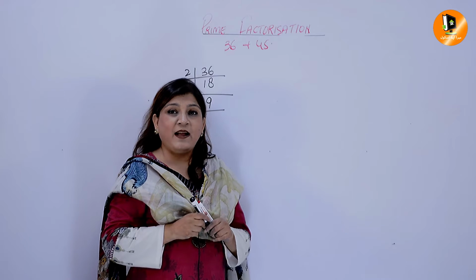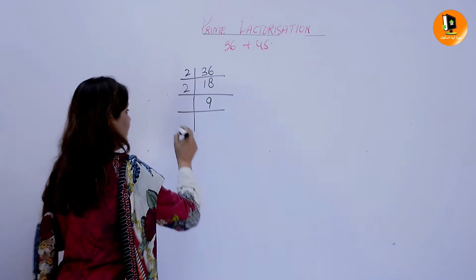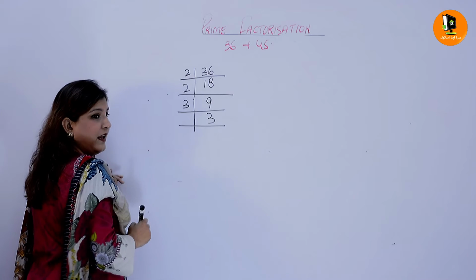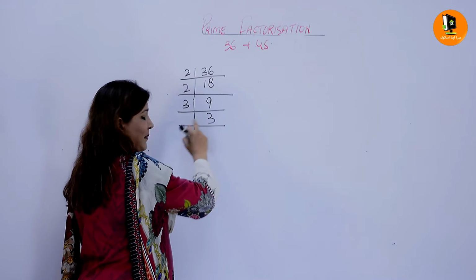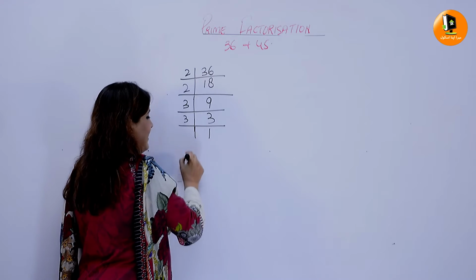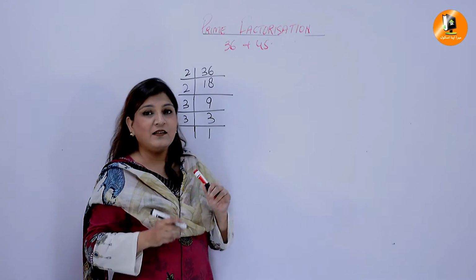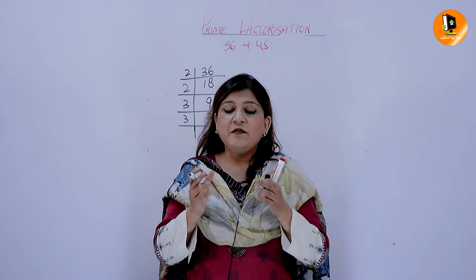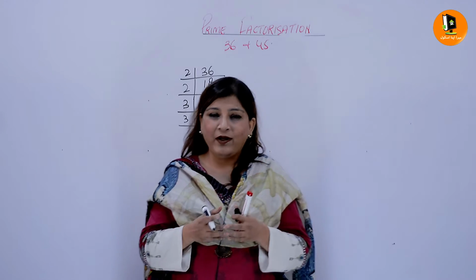So now we divide 9 by 3. 3 threes are 9. Now again 3 comes in the table of 3, so we write 3 ones are 3. We have to continue our division until we have the answer 1.